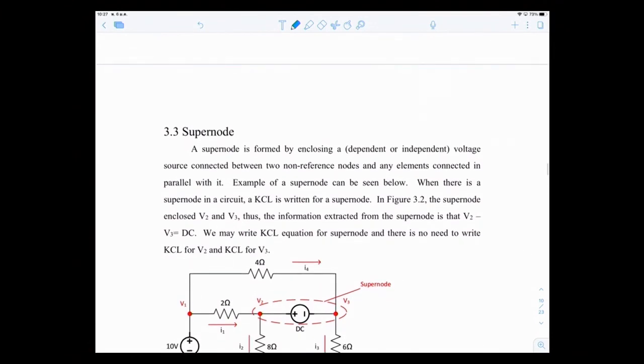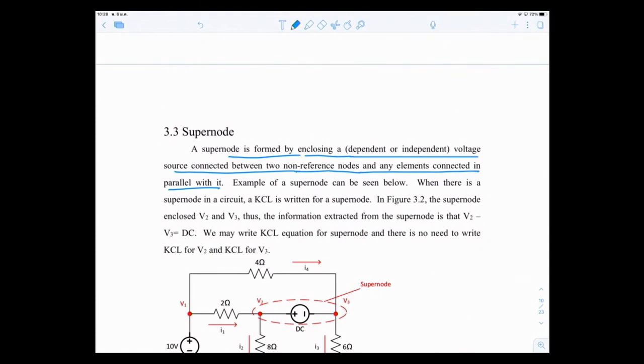To do nodal analysis, sometimes you have to look at the problem more carefully and see if there's any shortcut to make the problem easier. One of these shortcuts is called the supernode.